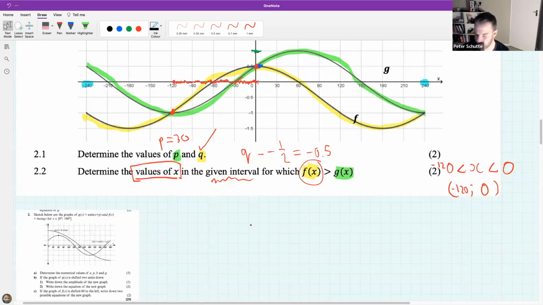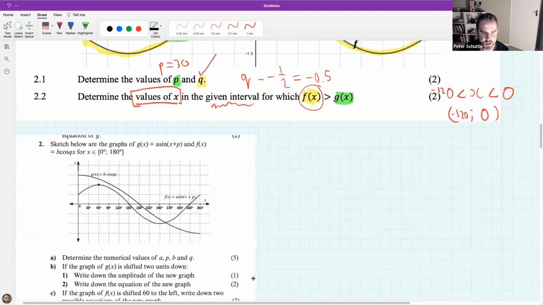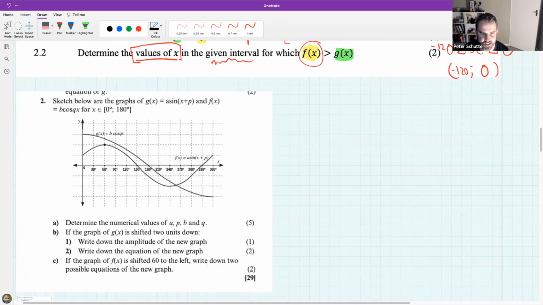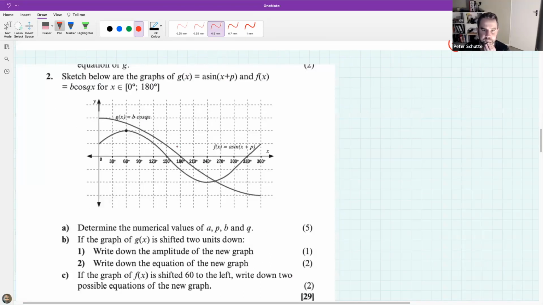Okay, let's go and do one more. So what we have here is another question, and there's quite a lot of detail going on, and let's just make sure we know what the main characters are.